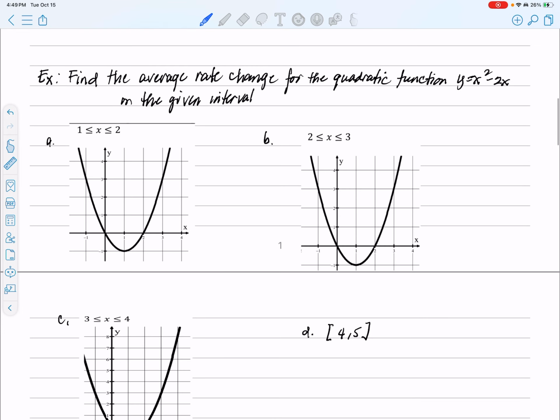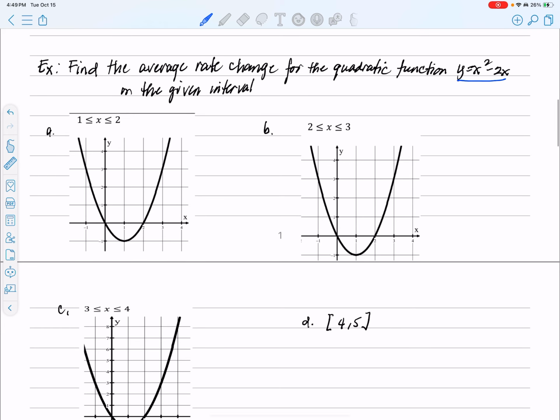Example. Find the average rate of change for a quadratic function. By looking at the function, we know that it's quadratic because the x has an exponent of 2.